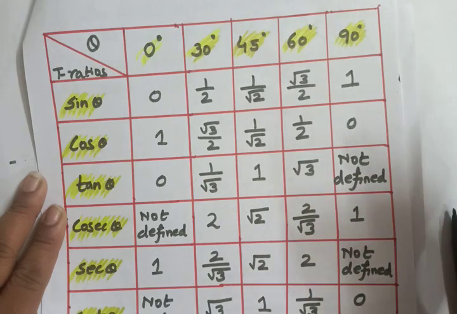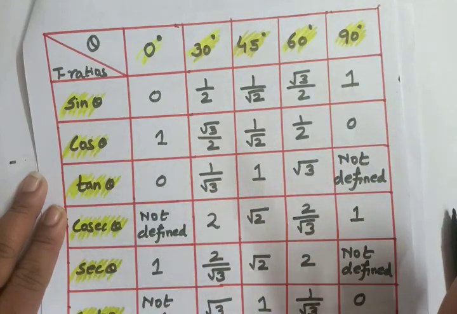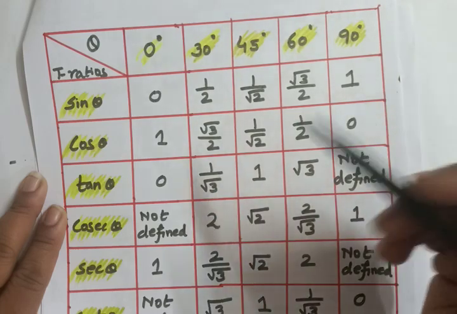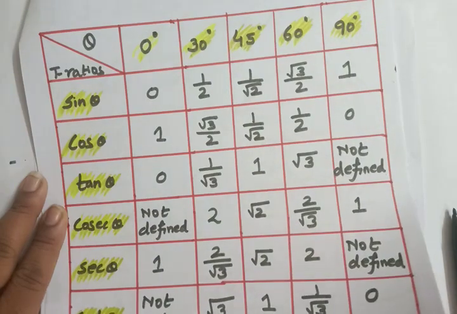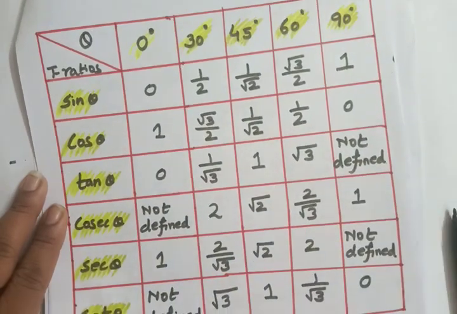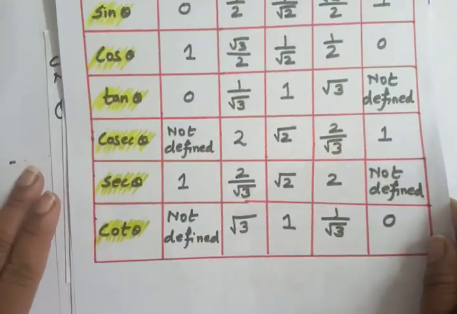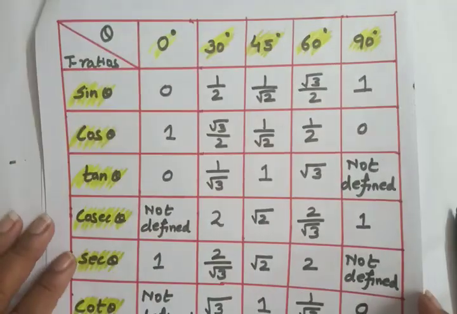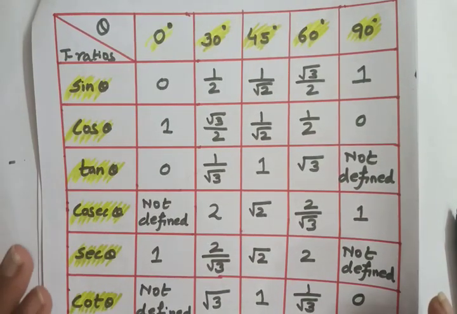You can get all the values for tan theta, cosec theta, sec theta and cot theta, because if you know the ratios and the reciprocals, just like tan theta is equal to sin theta upon cos theta, cosec theta is 1 upon sin theta, the same goes for the values. So you have to just note them down. If you have not noted them down, pause the video and note down the values, and please do learn these values. These values are going to be very helpful for you.